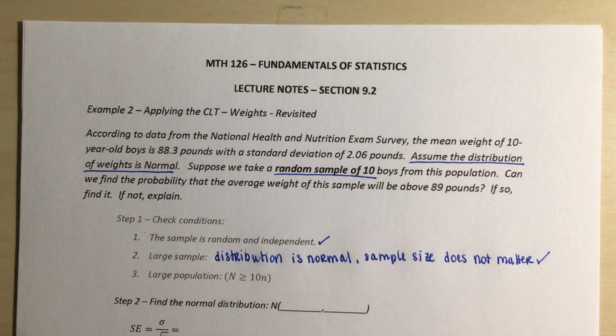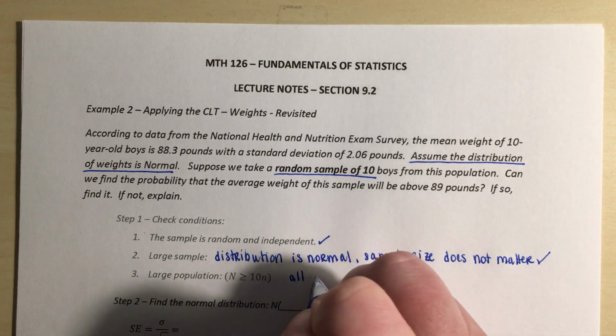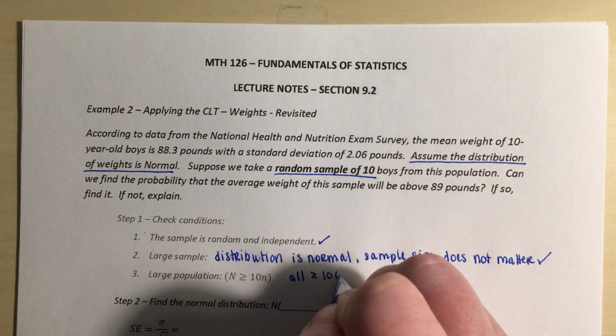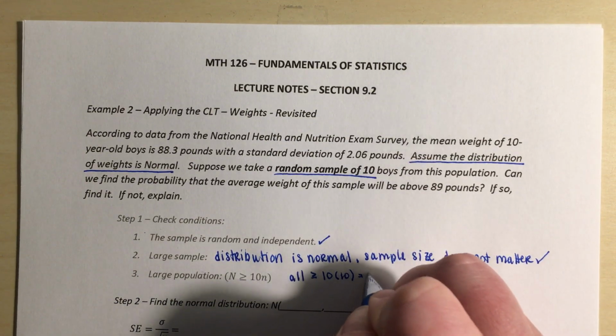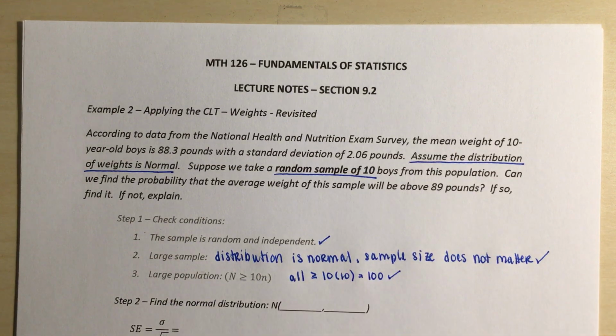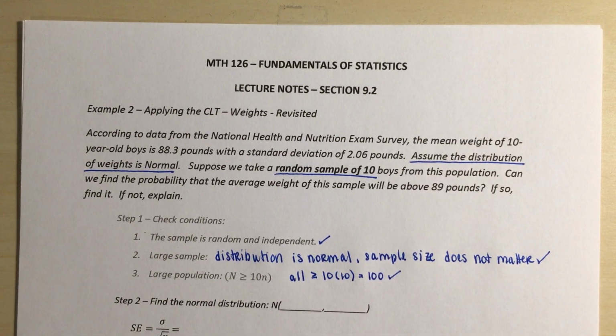Right, a large enough population, 10 times 10 is 100. There's definitely more than 100 10-year-olds, so that condition holds as well.